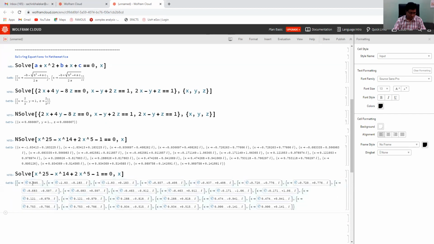If you put your mouse here, you can see that it is root minus 1 plus 2 hash 1 raised to 5 minus etc. What is this hash 1? Hash 1 is variable. So what solve is telling us, there are 25 roots.